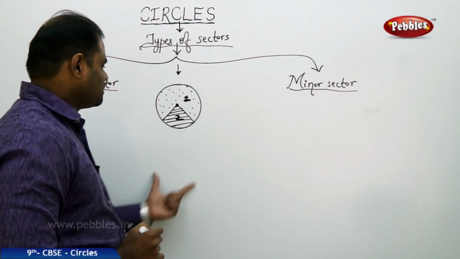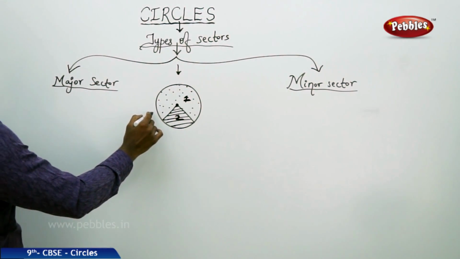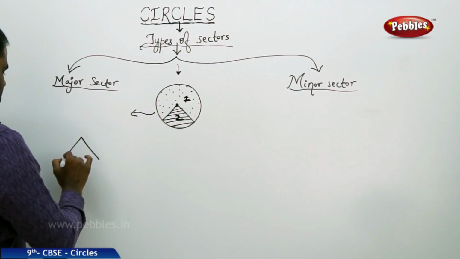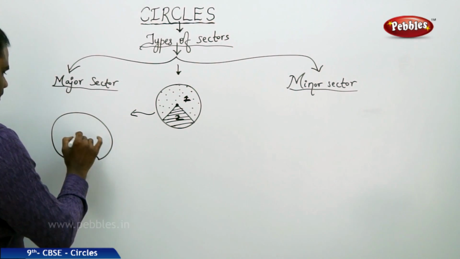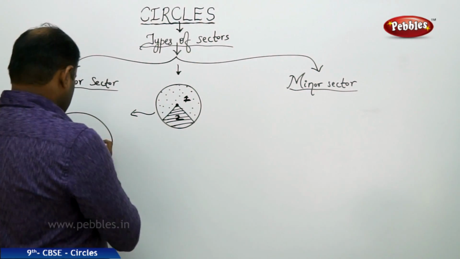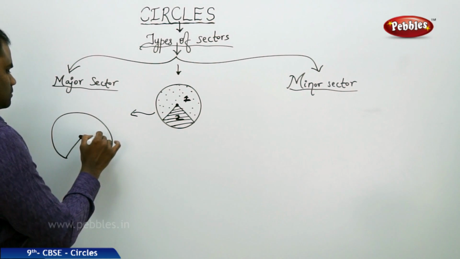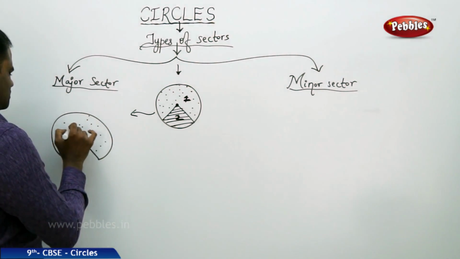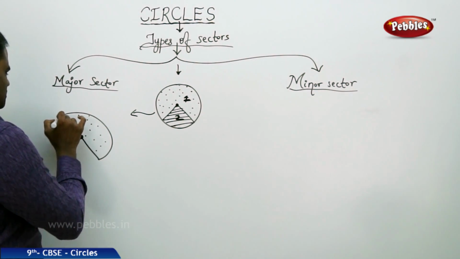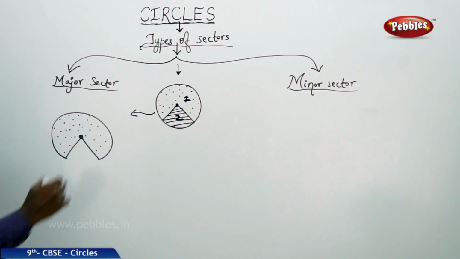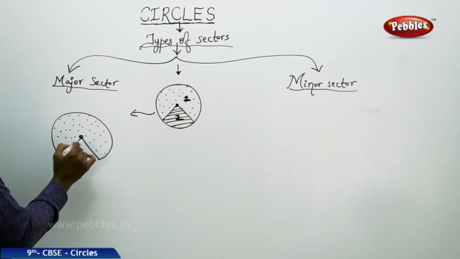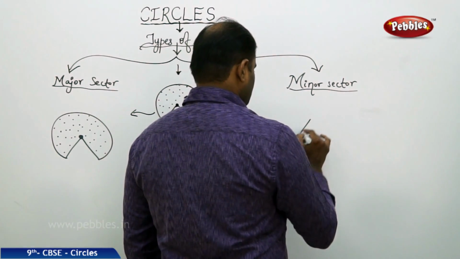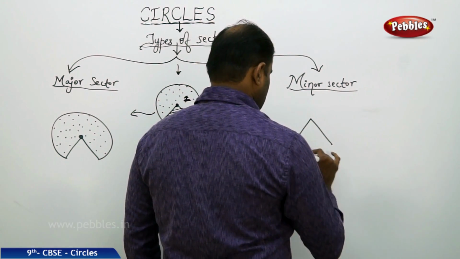So here, let me take the two possible sectors with the first piece of pizza which is taken out here, and the second piece of pizza which is taken in this case, which is like this.